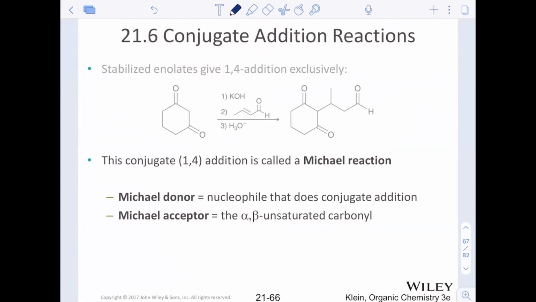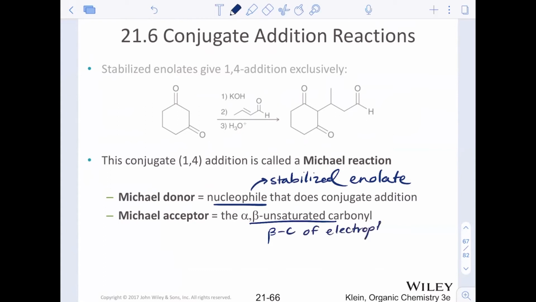A Michael donor is the nucleophile that does conjugate addition, so it will be the stabilized enolate. The Michael acceptor is the alpha-beta unsaturated position, specifically the beta carbon of the electrophile in step number 2.